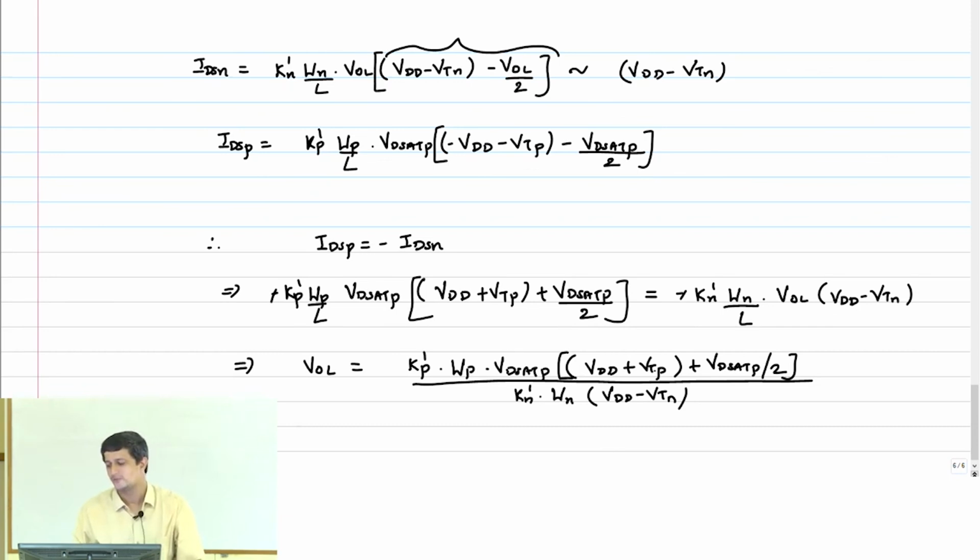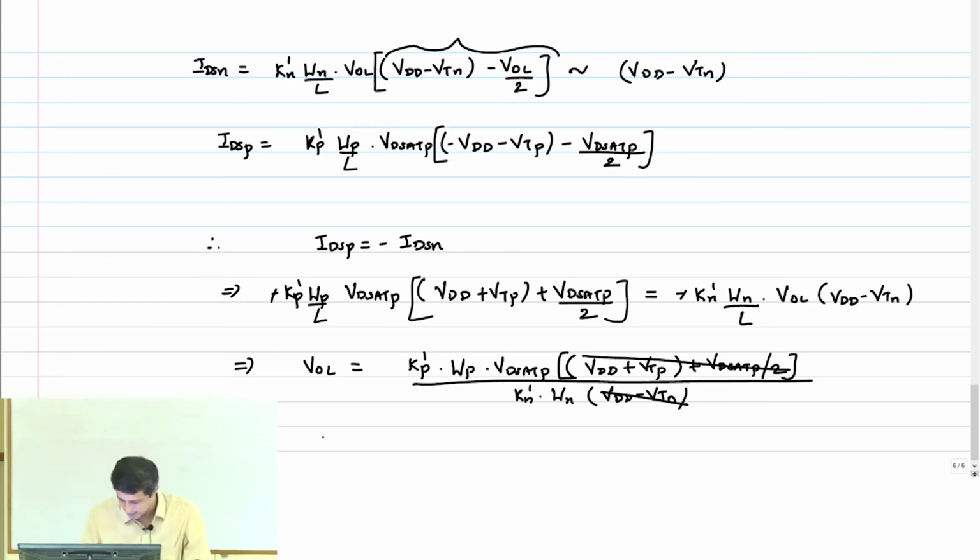Clear? So let's make some simplifications. Suppose the VDD plus VTP plus Vd sat P by 2 term and the VTN terms were such that they cancelled out. I'm not saying that VTP equals minus VTN; I'm saying the VTN and Vd sat P together cancel out this term.